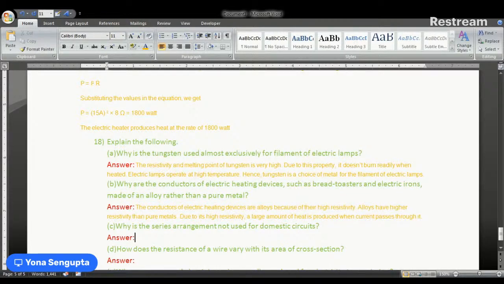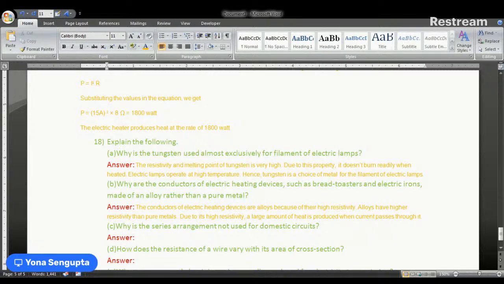Next, why is the series arrangement not used for domestic circuits? The series arrangement is not used for domestic circuits because, first, the overall voltage gets disturbed in a series circuit. As a result, electric appliances may not get the rated power for their operation.